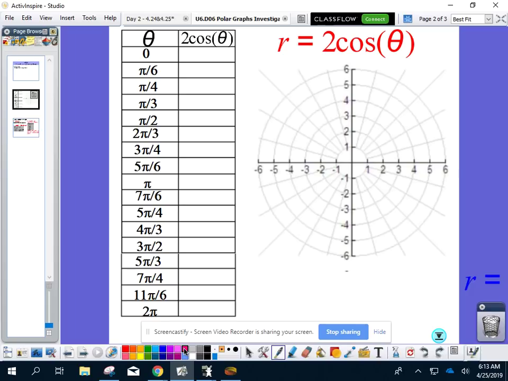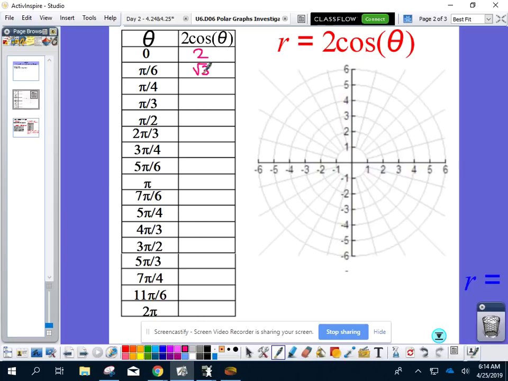When I evaluate the theta value 0 for this particular polar equation, 2 cosine theta, my answer ends up being 2. I'll continue evaluating pi over 6, as the next input would be square root 3 over 2 for cosine, and then we get the square root of 3 once we multiply that by 2.